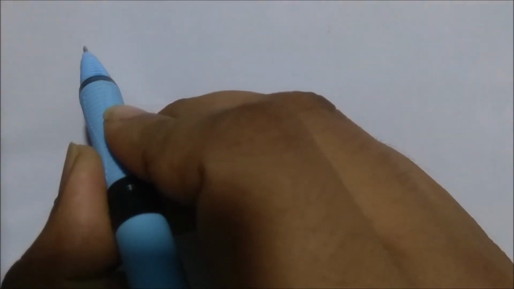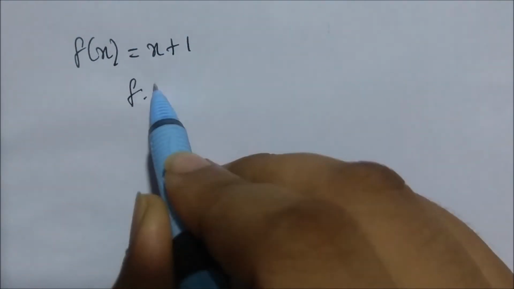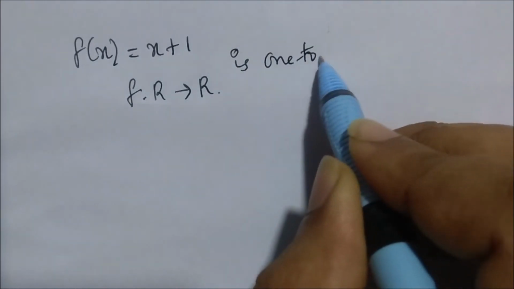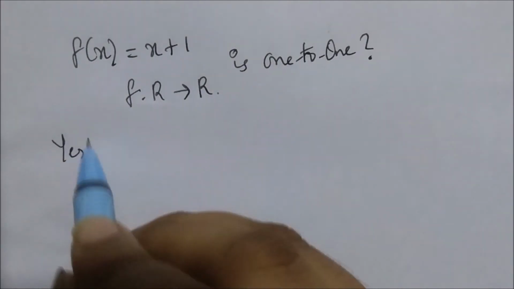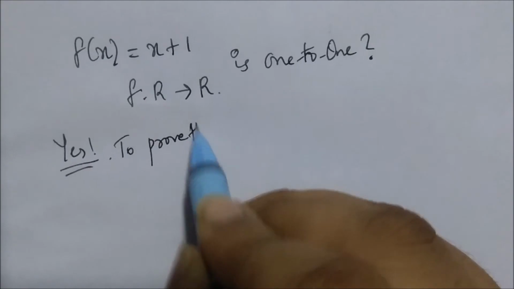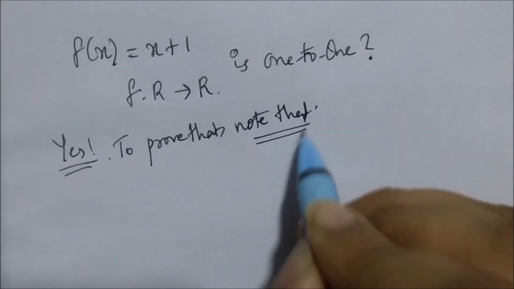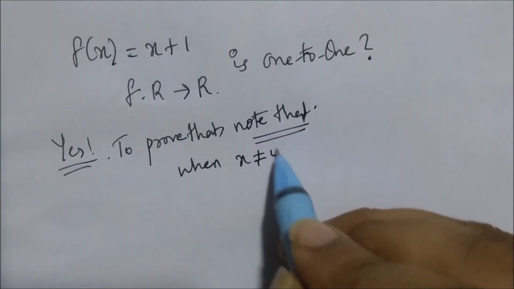Now let's consider another function, f of x equal to x plus 1, where the function is from set of real numbers to set of real numbers. Is it a one-to-one function or not? That's the question. So the answer is yes, it is a one-to-one function. So to prove that, let's see. If x is not equal to y, then it is the case that x plus 1 is not equal to y plus 1.